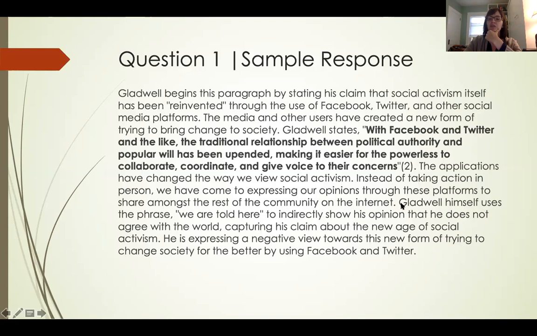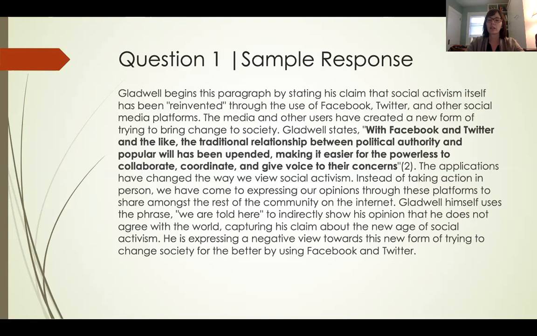Okay, and then we shift to part B of question 1. "Gladwell himself uses the phrase 'we are told' to indirectly show his opinion that he does not agree with the world capturing his claim about the new age of social activism. He's expressing a negative view towards this new form of trying to change society for the better by using Facebook and Twitter."